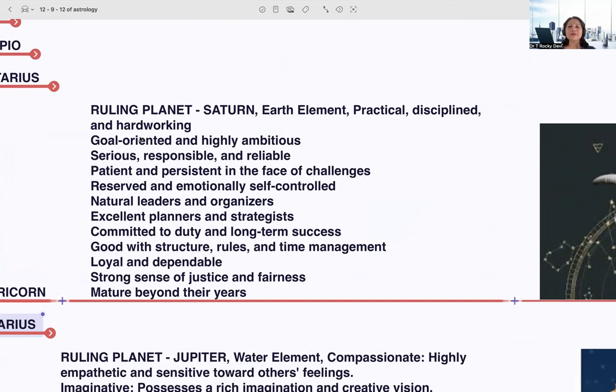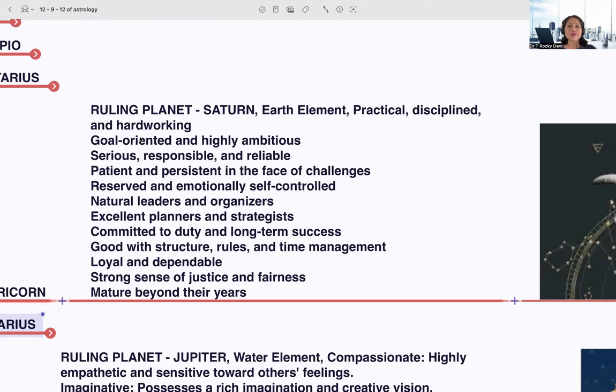They are practical, and disciplined in nature. Like Saturn is known as a disciplined planet. Saturn does not believe in shortcuts. He believes only in hard work and perseverance. So a person whose Rasi is the house of Saturn is mostly practical, disciplined, and hardworking, mostly goal oriented and highly ambitious.